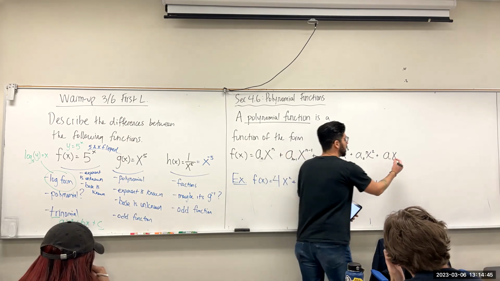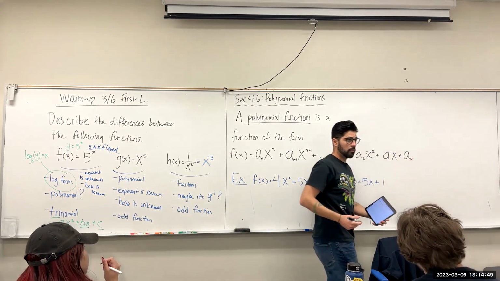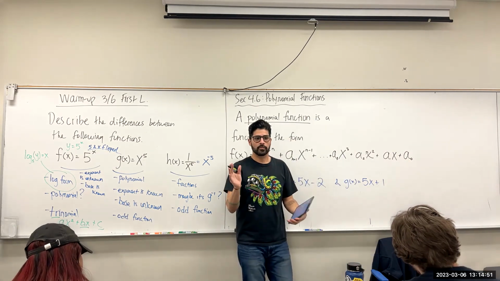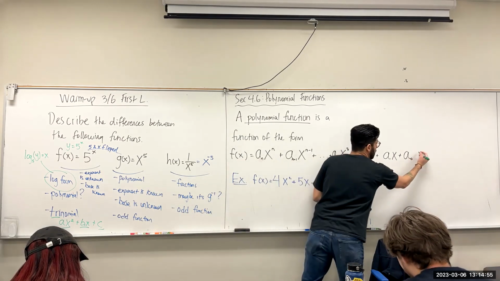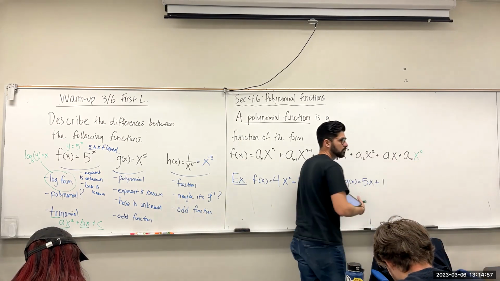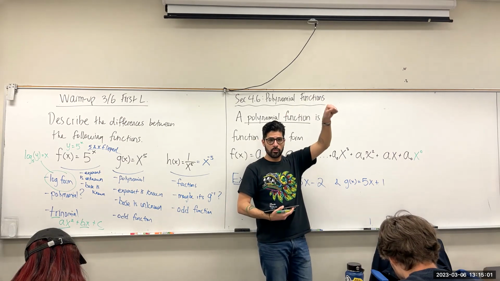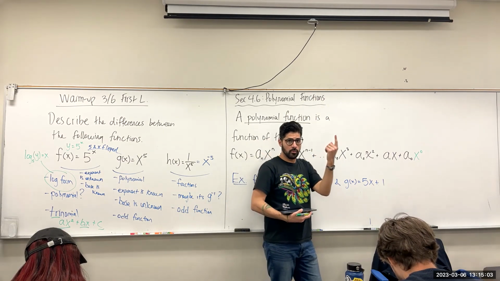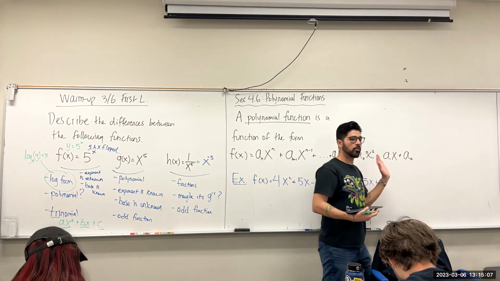So that one, the way the definition is going to be written is A0, because there's no x. You can think of it as x to the 0. But a non-zero number raised to the 0th power is just going to be 1. So it's normally written like that.